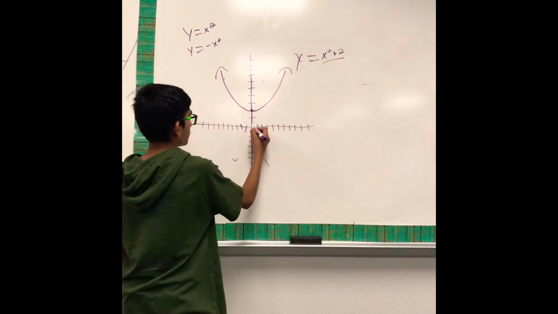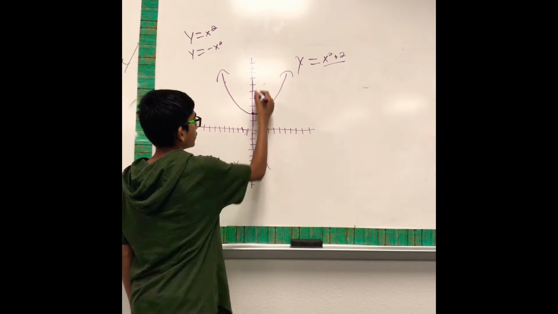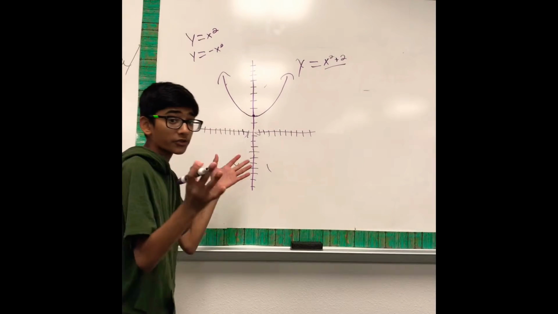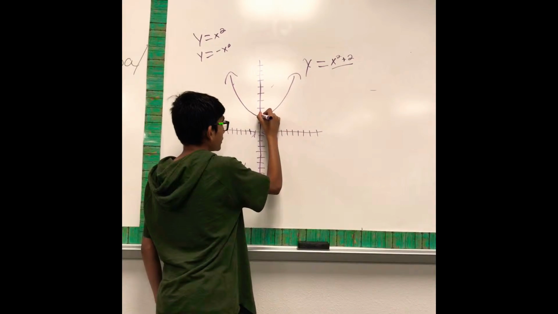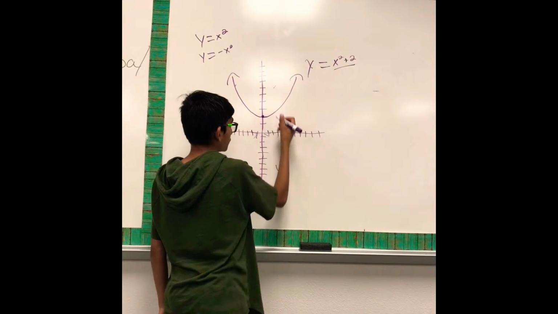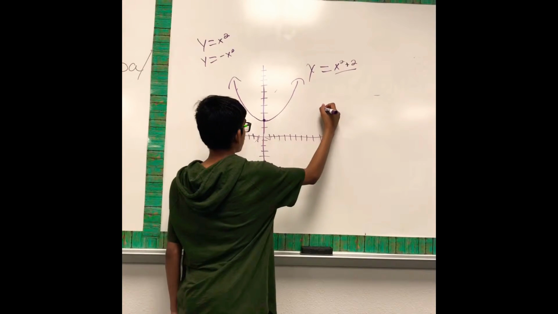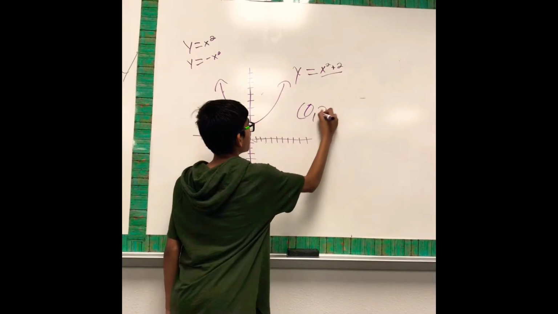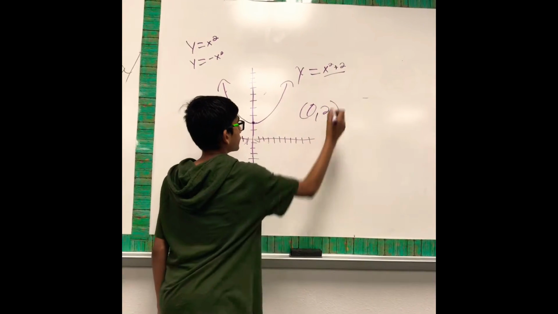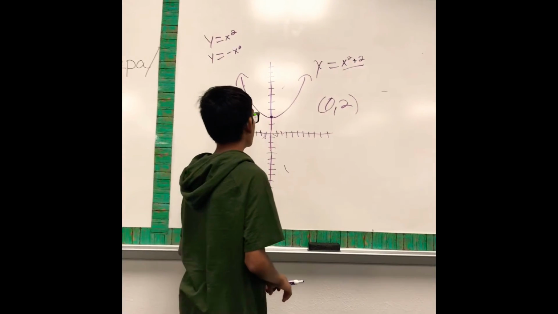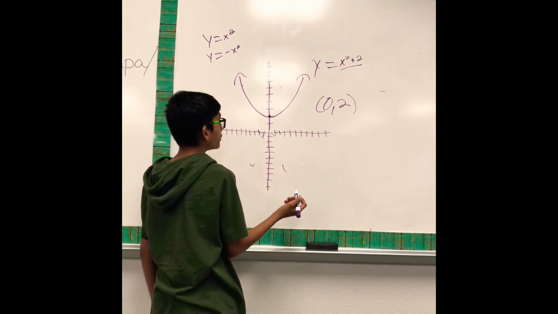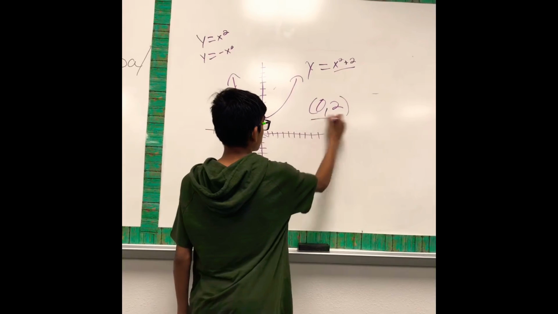So this parabola has been moved from the origin of 0, 0 up above. Since this parabola opens up, it has a minimum. And the minimum you can see is a nice number: you go up to 2, so it's 0, comma 2. That is also the y-intercept, in fact. So this parabola has a minimum value, and the vertex is 0, comma 2.